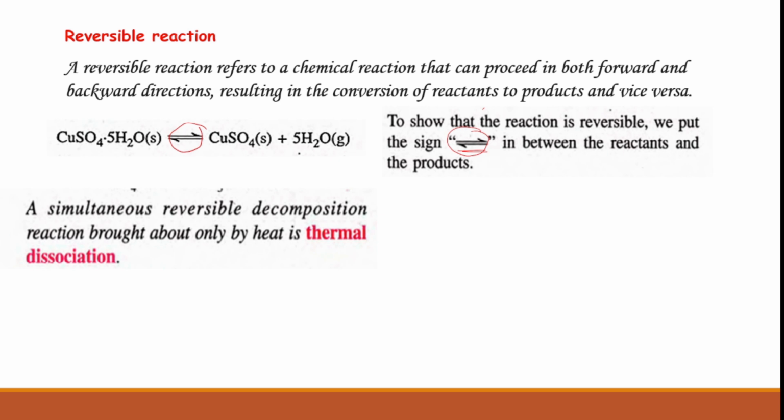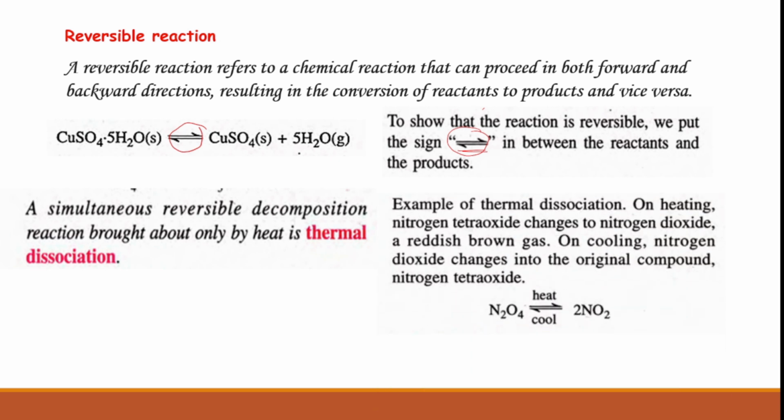If we heat, a reversible reaction may occur, and at the same time that reaction is a decomposition reaction also. So a decomposition reaction which is reversible, and this is caused by supplying heat, such a reaction is called thermal dissociation. Example of thermal dissociation: on heating, nitrogen tetraoxide changes to nitrogen dioxide, a reddish brown gas.